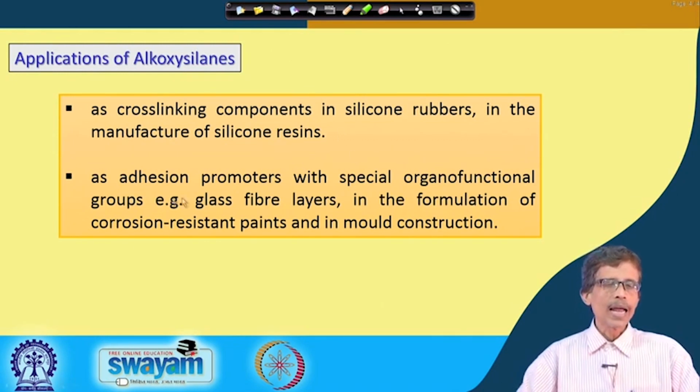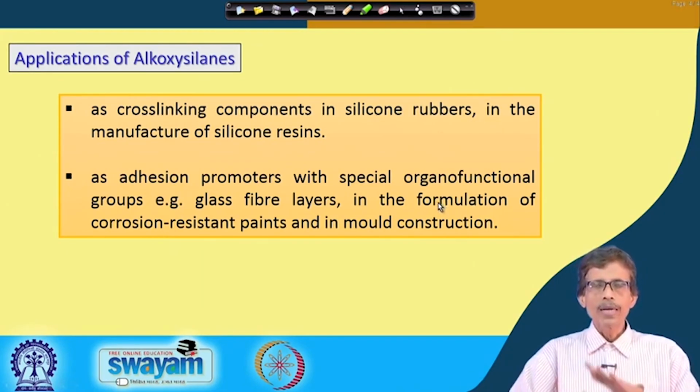It can also be used as adhesion promoters. So the adhesion nature can be improved with the use of these molecules as promoters with special organofunctional groups. That means when we use them in glass fiber layers. So we have some types of glass fibers, and this glass fiber can be layered within the glass sheets.